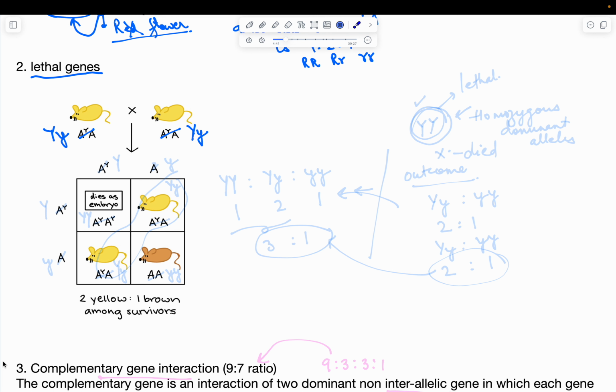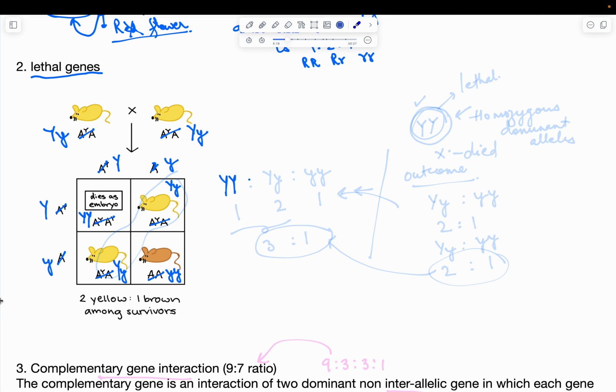Scientists made a cross between the two yellow mice, both of them hybrid. So let me complete this table for the possible genotypes of the next generation.